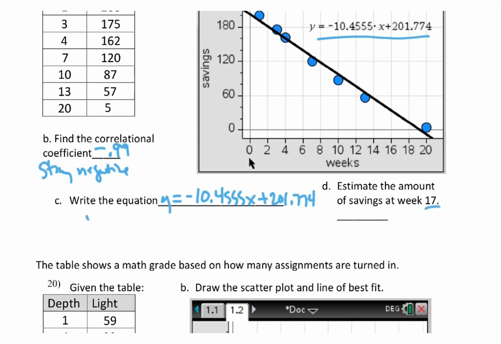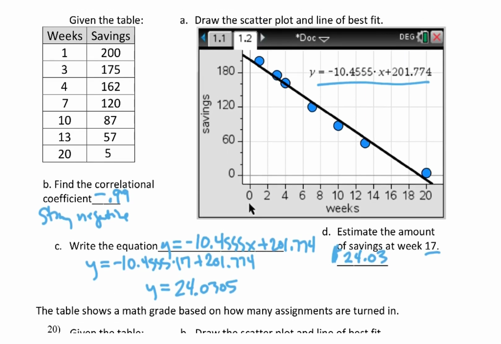So the idea here was negative 10.4555 times 17 plus 201.774. When we did that in the calculator, we ended up with 24.0305, which we could round to 24.03. Savings, that would be money. Okay, so there we go with that. All right, did all those.